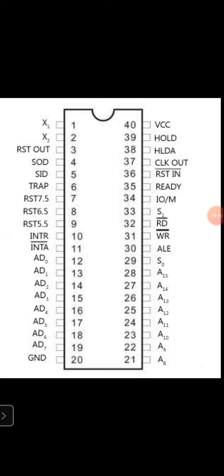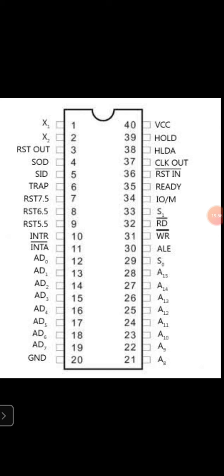Pin number 35, ready. Ready is an active high signal. When it shows high, it is checking whether any peripheral, meaning any external device other than the microprocessor chip, is connected, or interfaced.